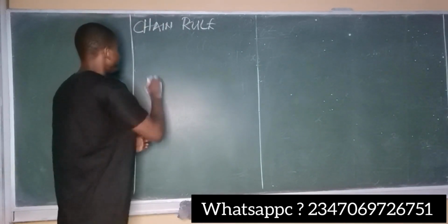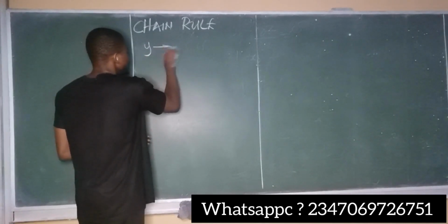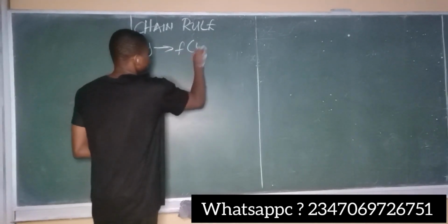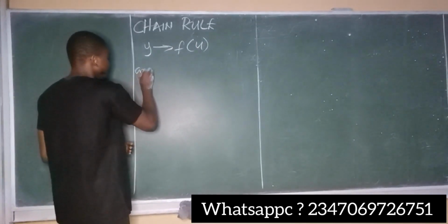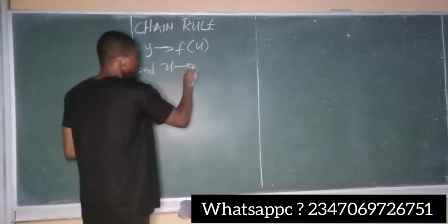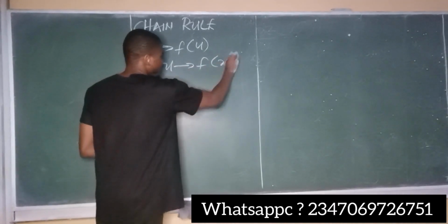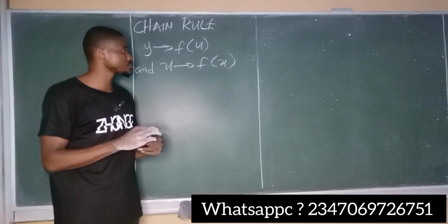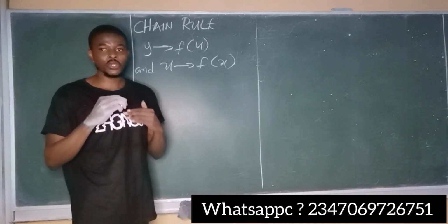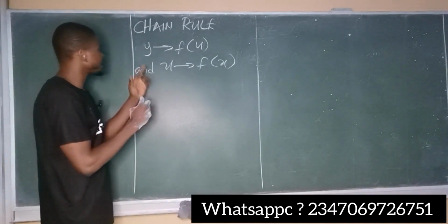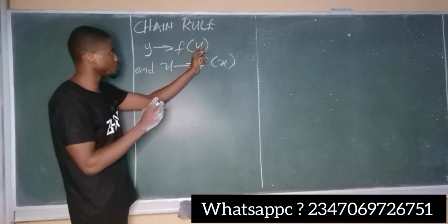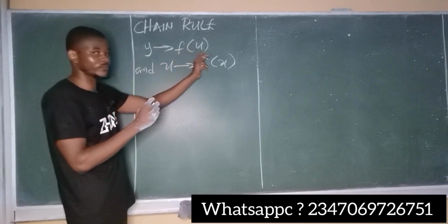Let's say I have y to be a function of u, and then I have u itself to be a function of x. If this holds, it means I can differentiate y with respect to u, since y is a function of u.